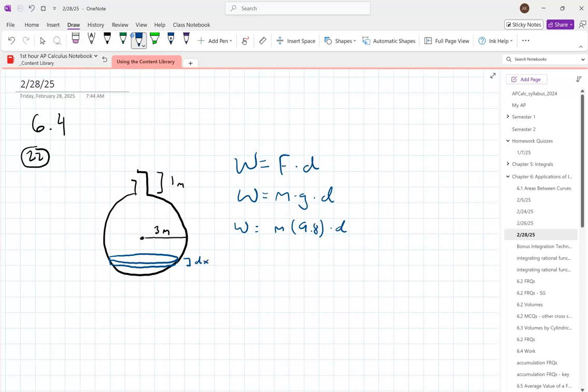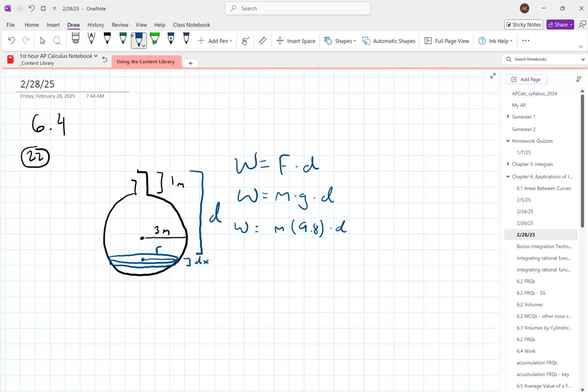So dx is the thickness of that cylinder. And then this is going to be the radius for it. And then we're going to need to be able to pump that distance, right? Does everybody feel okay so far?